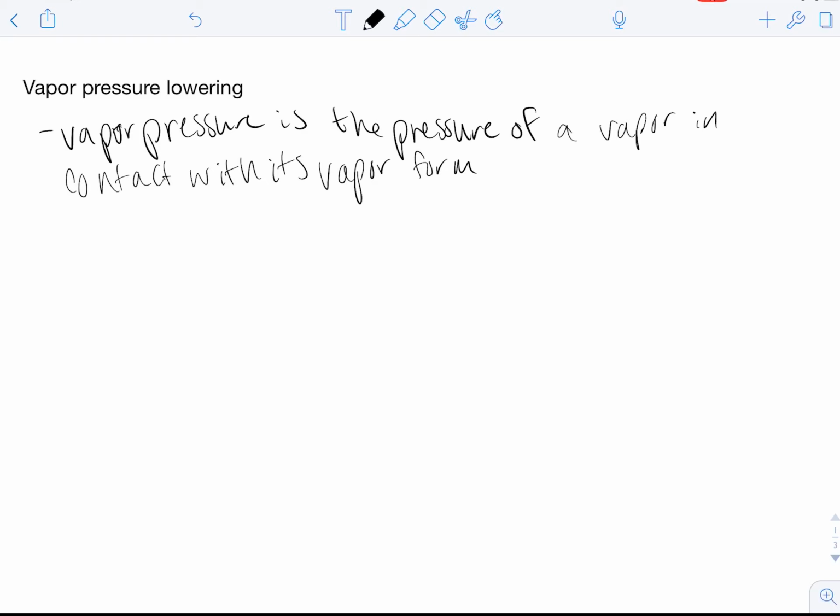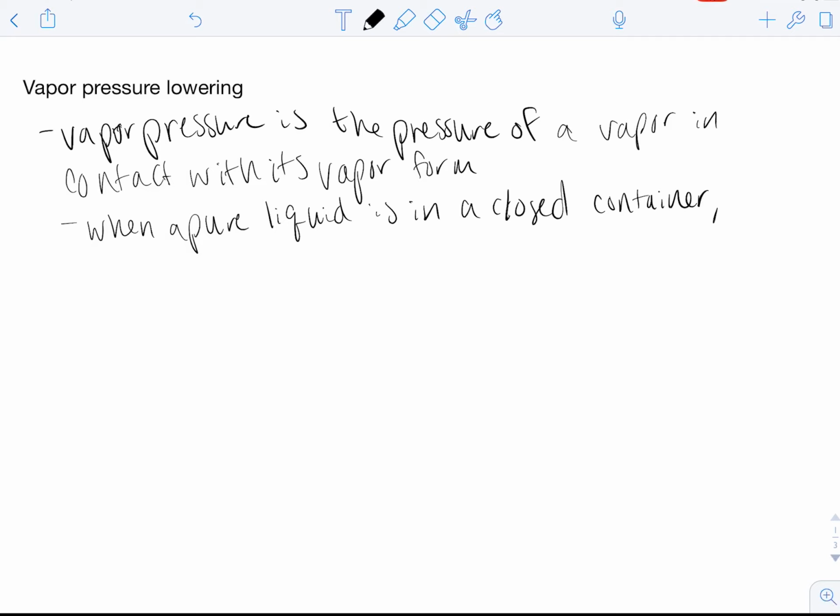And we can talk specifically about its equilibrium vapor pressure. So when a pure liquid is in a closed container, so one where we cannot have our vapor escape, basically, we can get an equilibrium vapor pressure, which we can only get if we have a closed container, because otherwise our vapor will just go away.